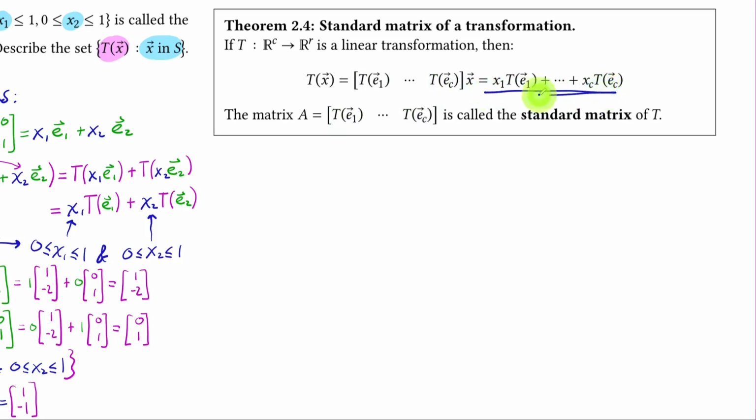And the result is that linear combination of those columns using the entries in x as weights. And this matrix is called the standard matrix of T.